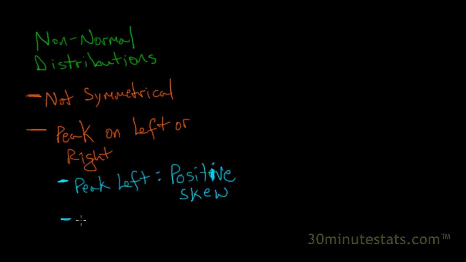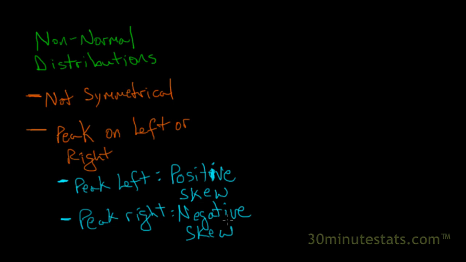And if the peak is on the right hand side, this will be a negative skew. Generally, you'll have a peak on one side, left or right, and then a long tail on the other side of the data.